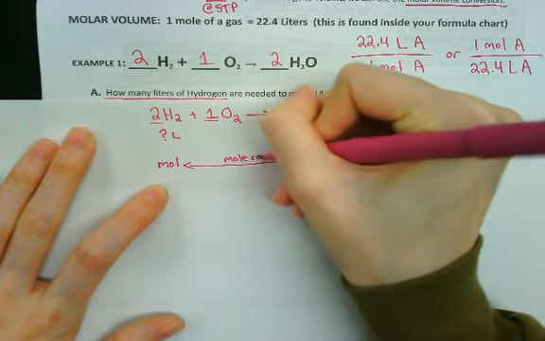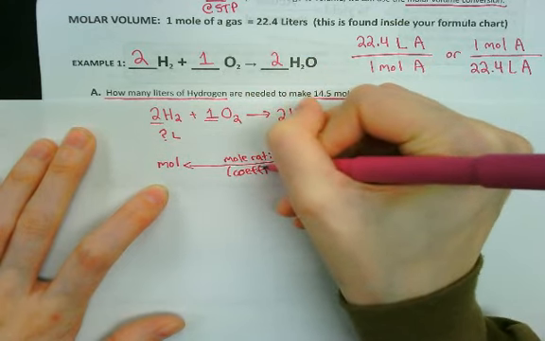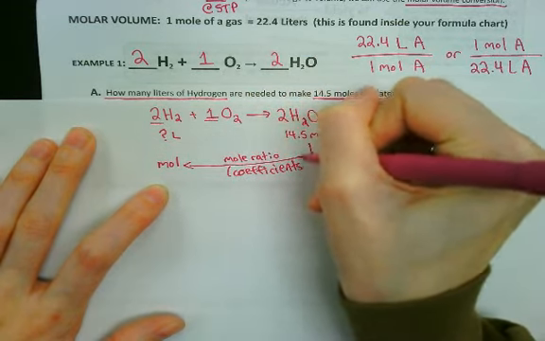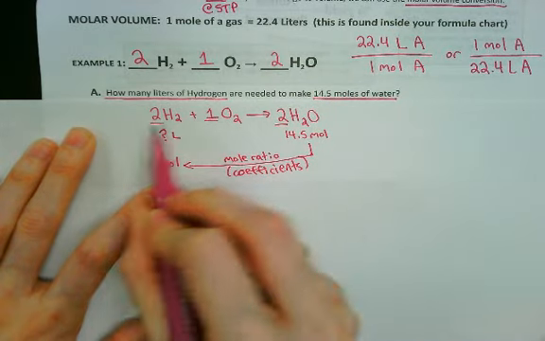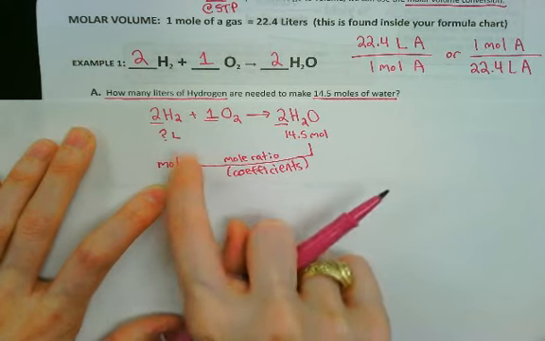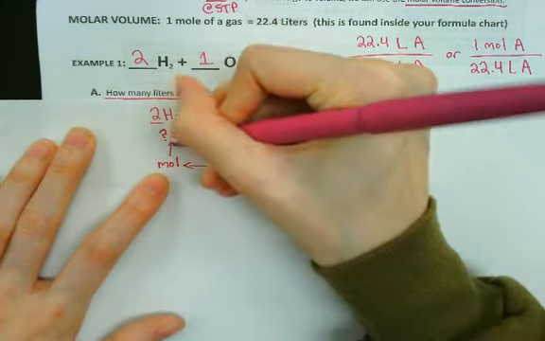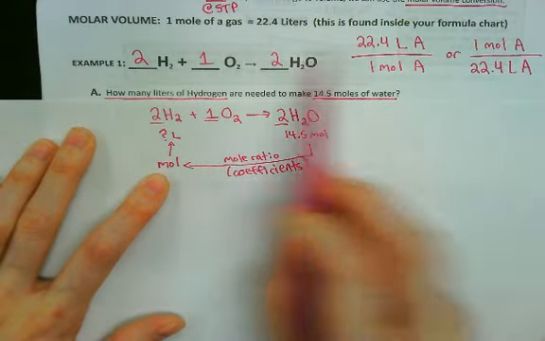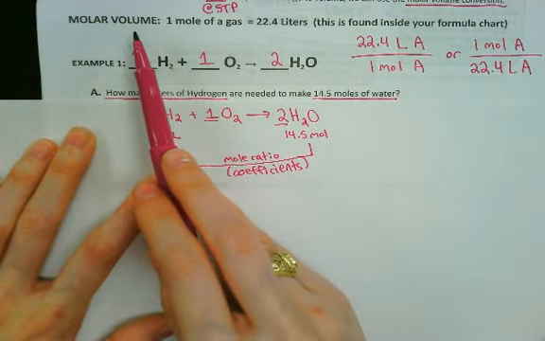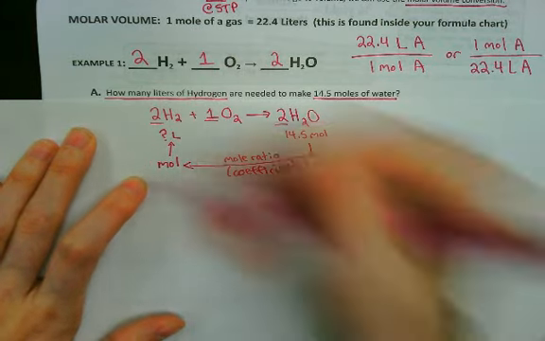I can use that thing called a mole ratio. Or, in other words, we're going to have to use our coefficients, these big numbers up in front that we use to balance, to get from moles of H2O to moles of H2, hydrogen. And now we can use this handy-dandy molar volume conversion in order to get from moles to liters.